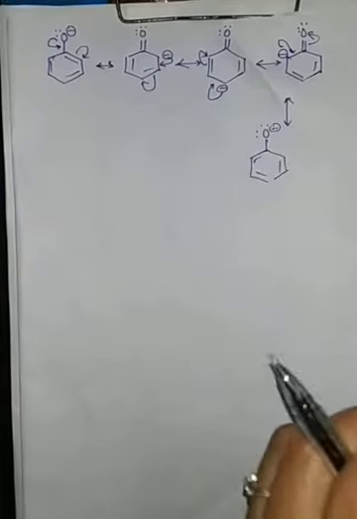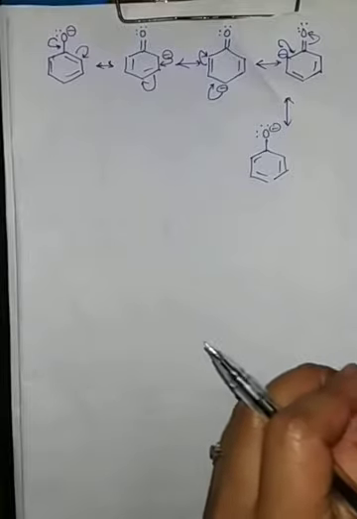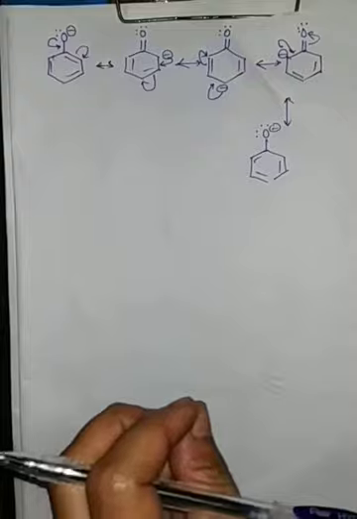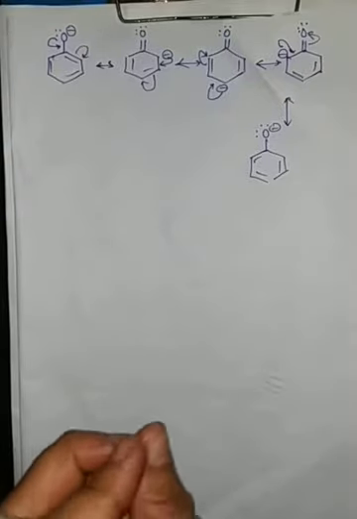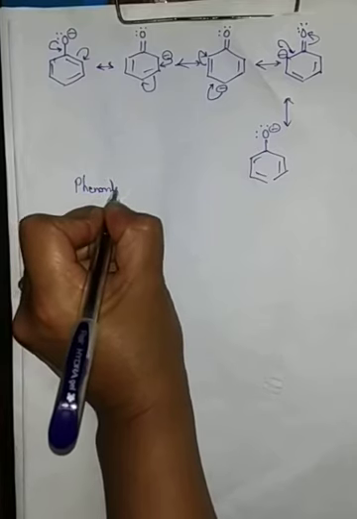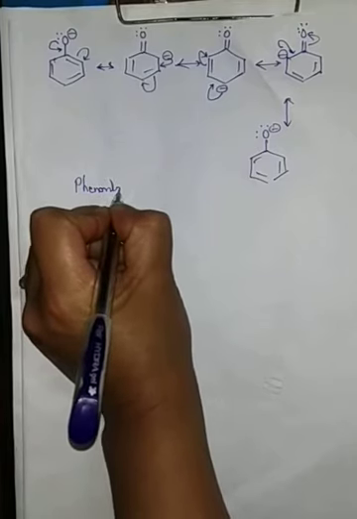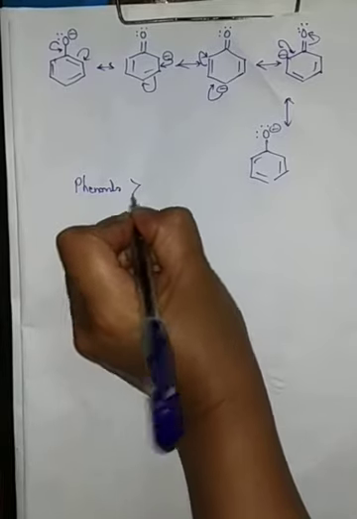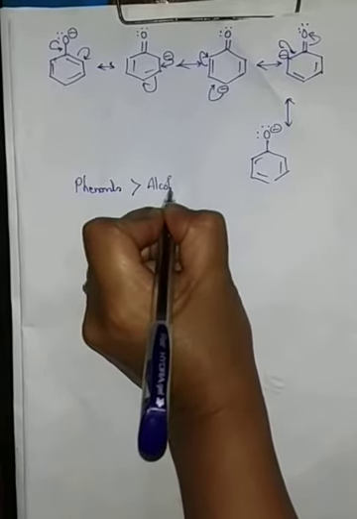Now here we see that even the phenoxide ion is more stabilized than phenol due to the resonance, and therefore we say that phenols are more acidic. Phenols are more acidic than alcohols.